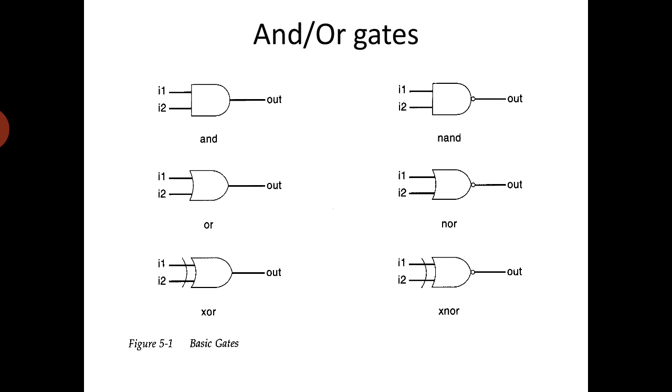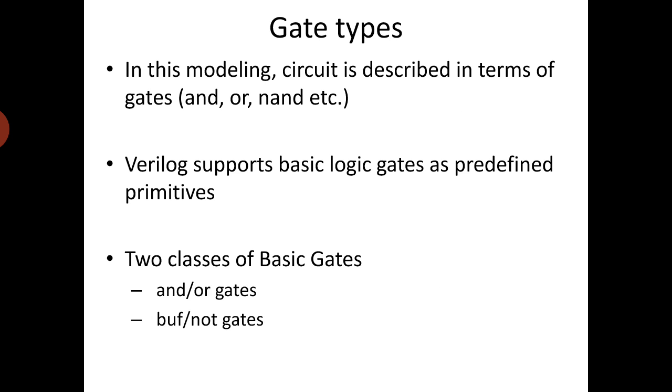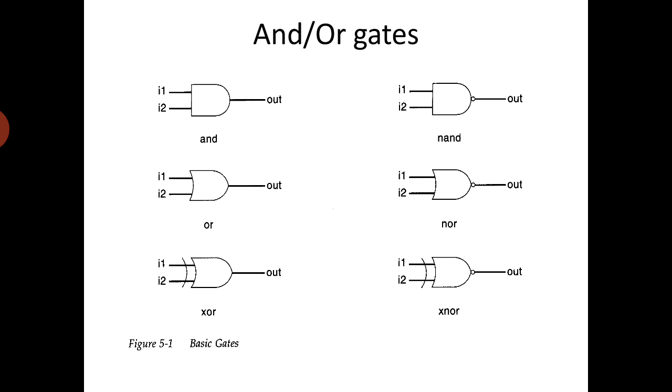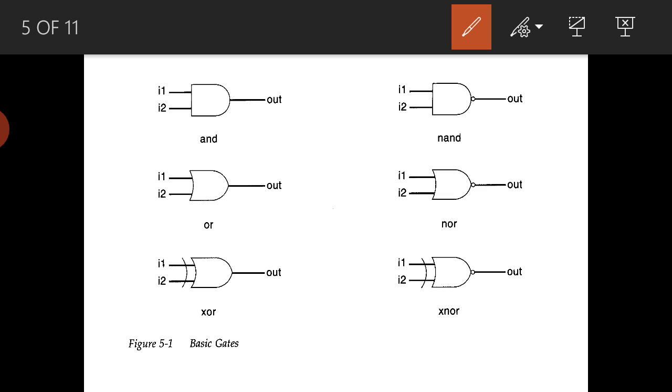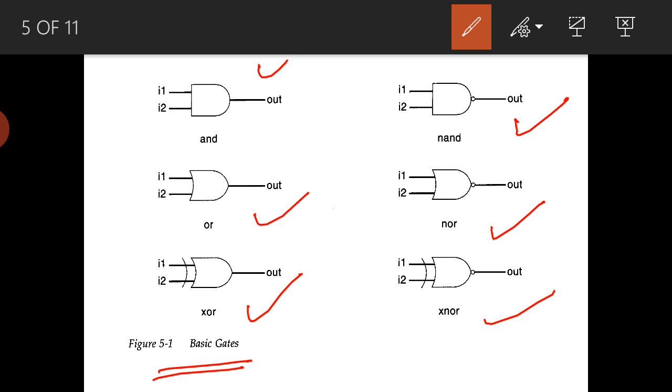The next thing is the symbols for these basic and/or type gates. As we know, there is the and symbol, or symbol, XOR, NAND, NOR, and XNOR. We know all these basically, but we are revising once again.